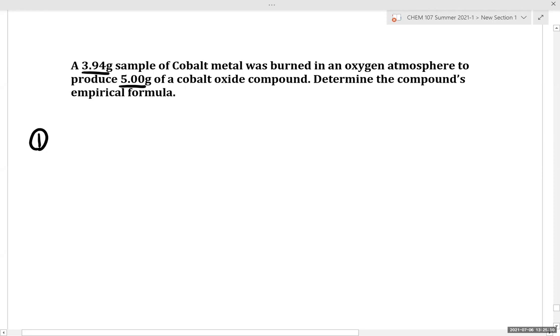So we have the mass of metal, we have the mass of metal oxide, and we can calculate the mass of oxygen.